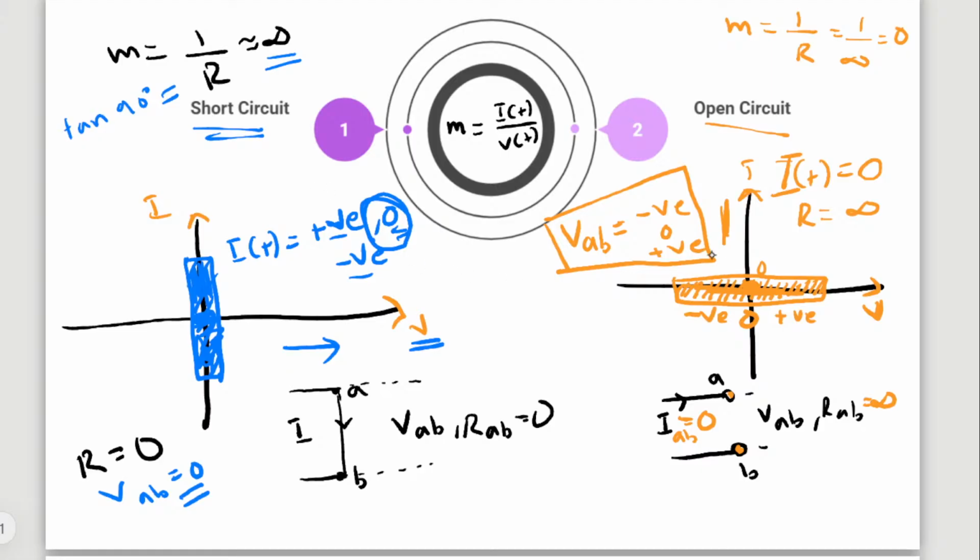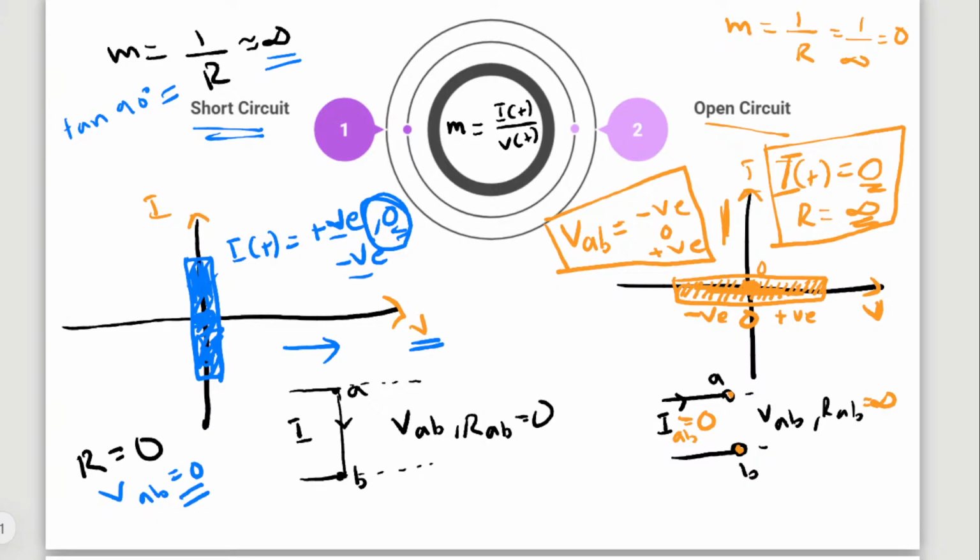But the current is always 0 and the resistance is always infinity. So this is the basic core concept of short circuit and open circuit using Ohm's law. The most common misconception is that short circuit means high current. No, in a short circuit the current can be positive, 0 or negative.